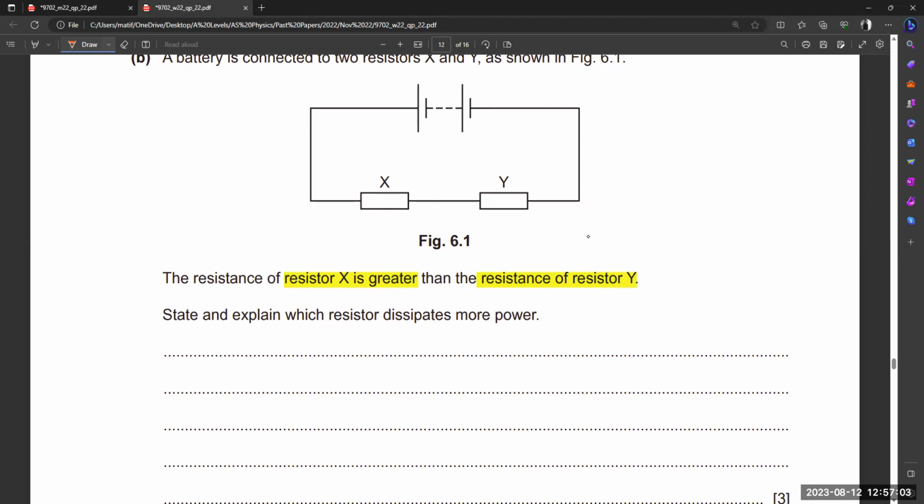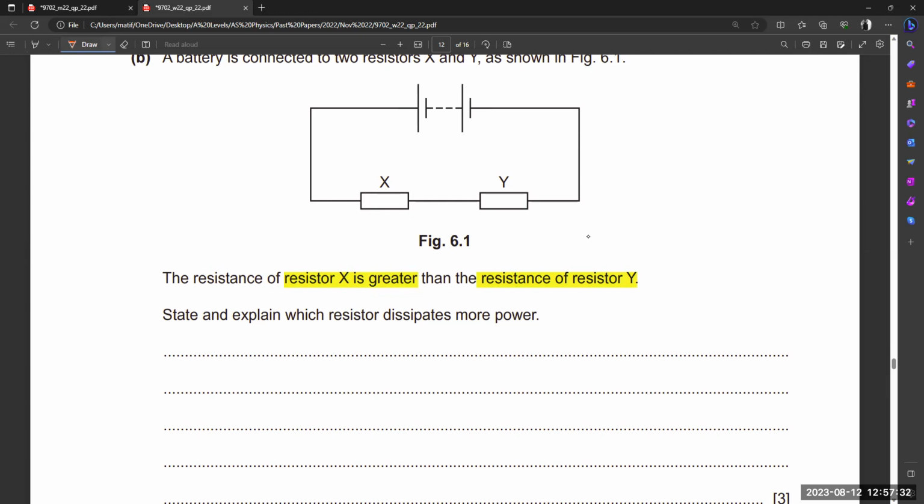This is basically like a potential divider, because it is two resistors connected in series. If resistor X has a greater resistance than resistor Y, we did this the other day. Both are connected in series, so we get the same electric current, but the voltage would be different.